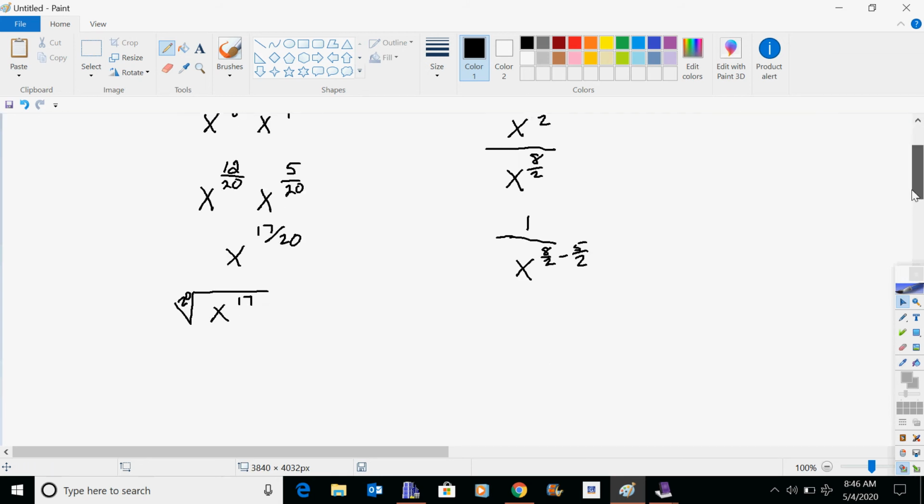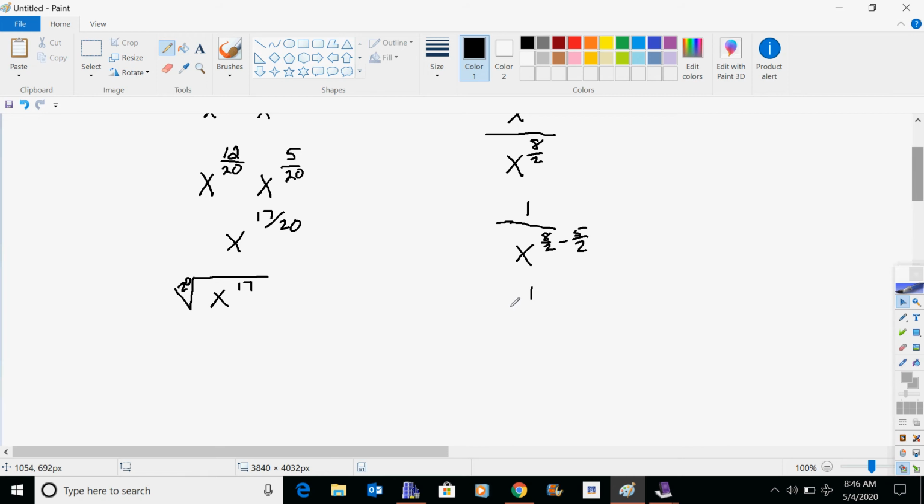And that will give me 1 over x to the 3/2 power. And once again, they want us to write it in terms of the square root or the cube root or whatever, the radical form.